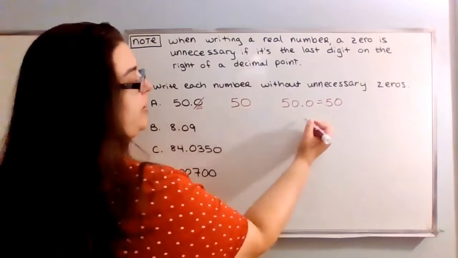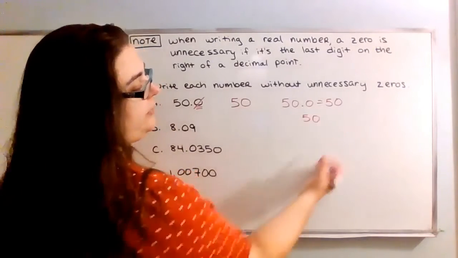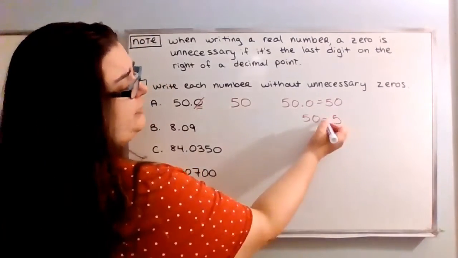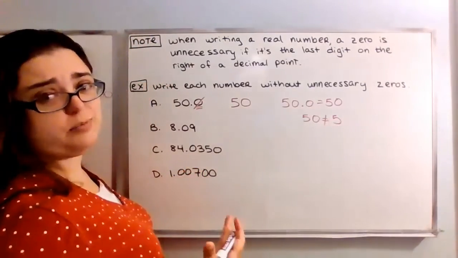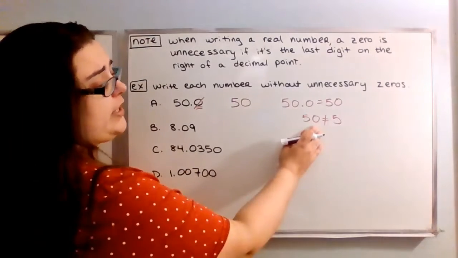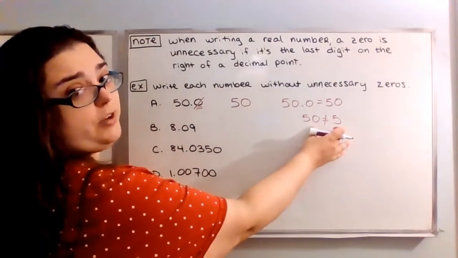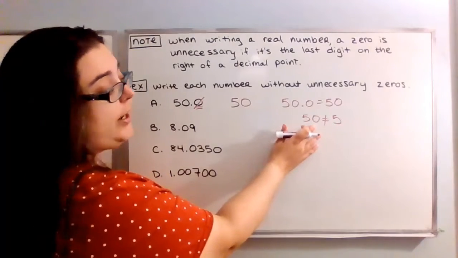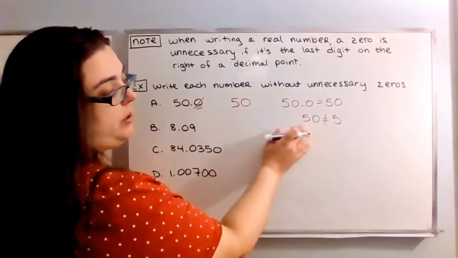If I try to do that with the 50, if I were to get rid of that zero, that would leave me with 5. And 50 and 5 are not the same number. So removing that zero changes the meaning of the number. So it's necessary, it's important. I need it there in order to make sure I have this number.